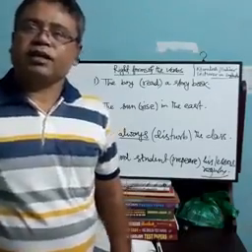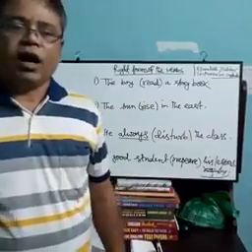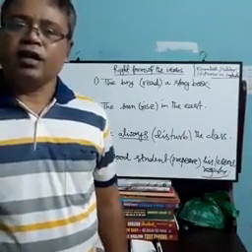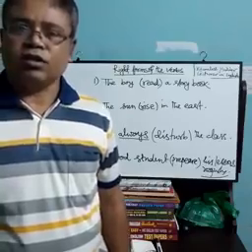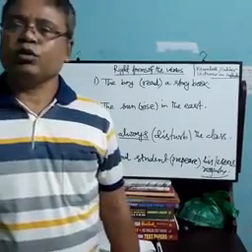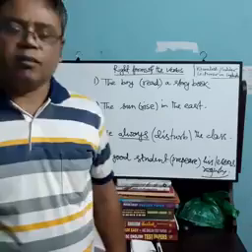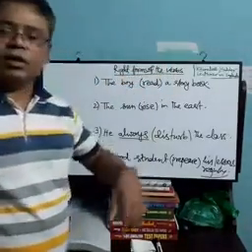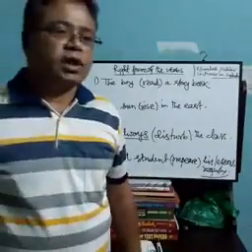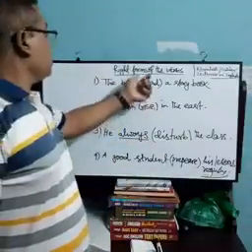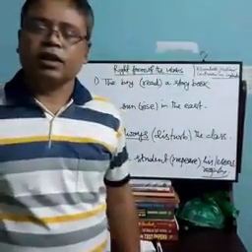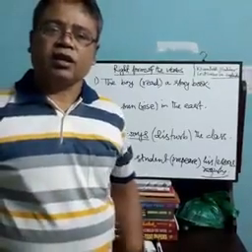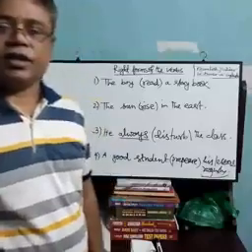In my previous class, I discussed verbs, their kinds and uses. Today, I am going to discuss the right forms of verbs. You know, if you want to use the right forms of verbs, you need to know the tenses, the 12 forms of tenses.